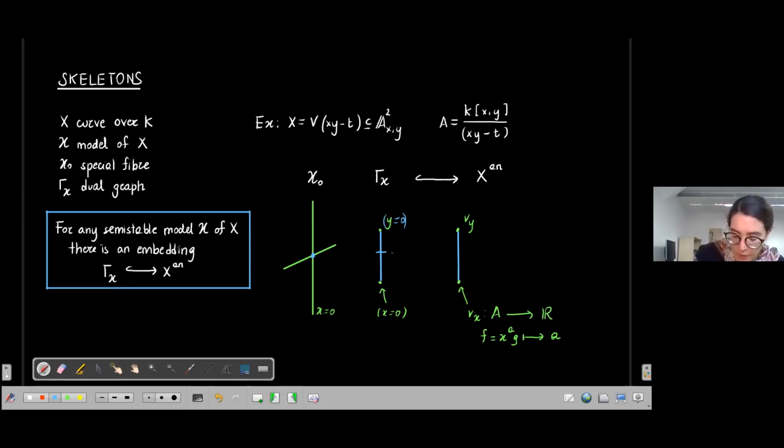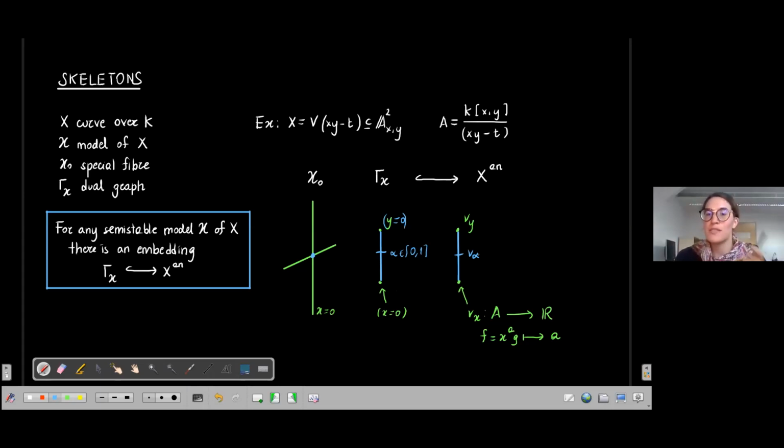This is parameterized, as I said, by alpha in [0,1]. Then you need to think of a valuation that is an interpolation of these two. So for instance, on x it will take value alpha, and on y it will take value 1 minus alpha.